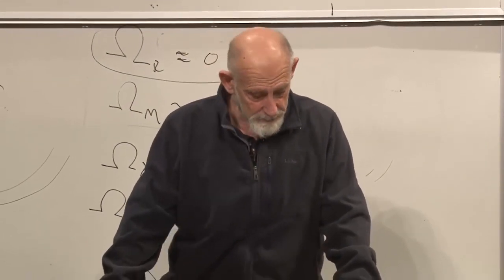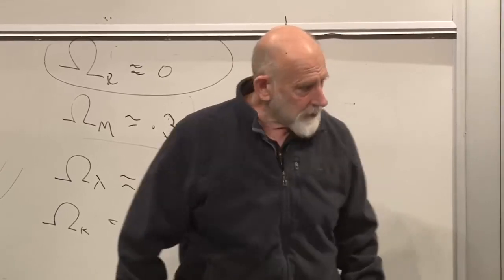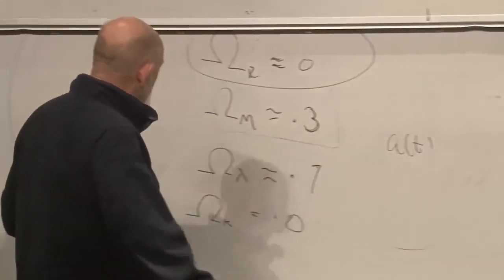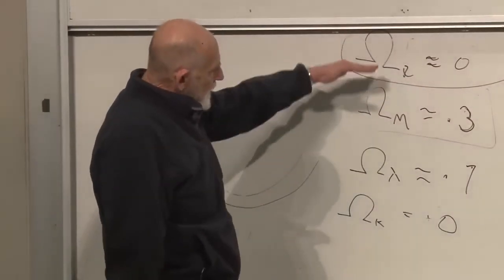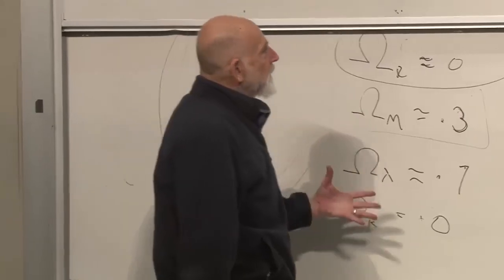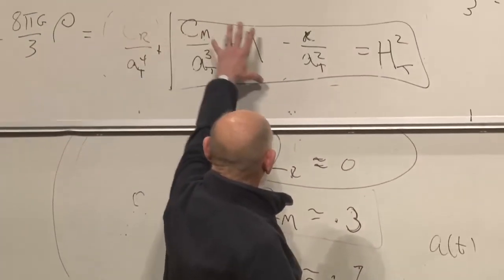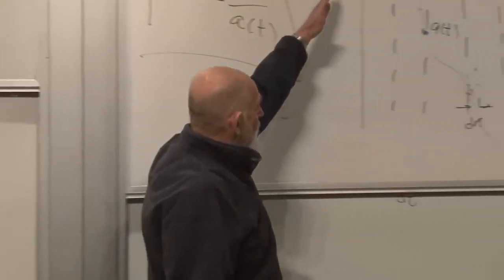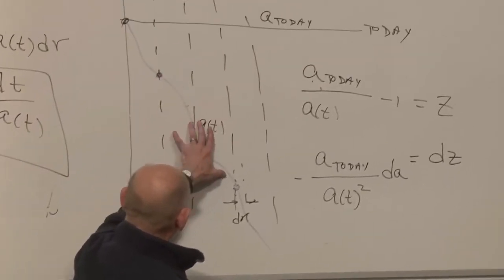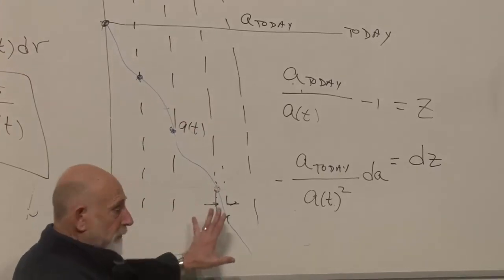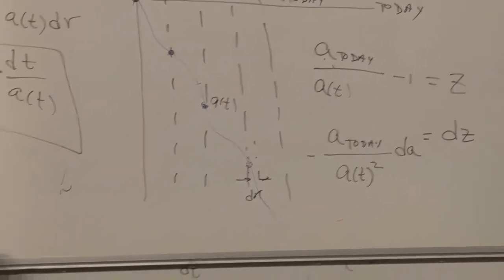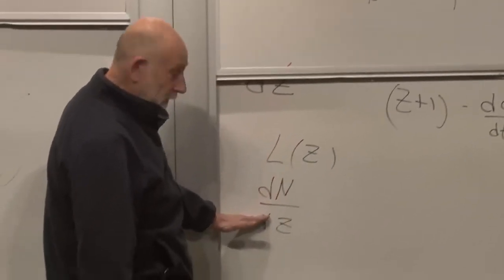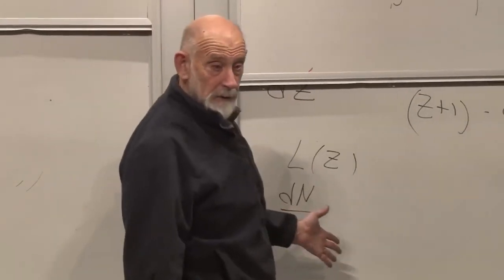Okay, this is tricky stuff, but the way to think about it is what I said. You start with a model, which means a set of parameters here. You feed them into the Friedmann equations. Once you have the Friedmann equations, you can read off the observable quantities, L of z and dN/dz, and you compare.